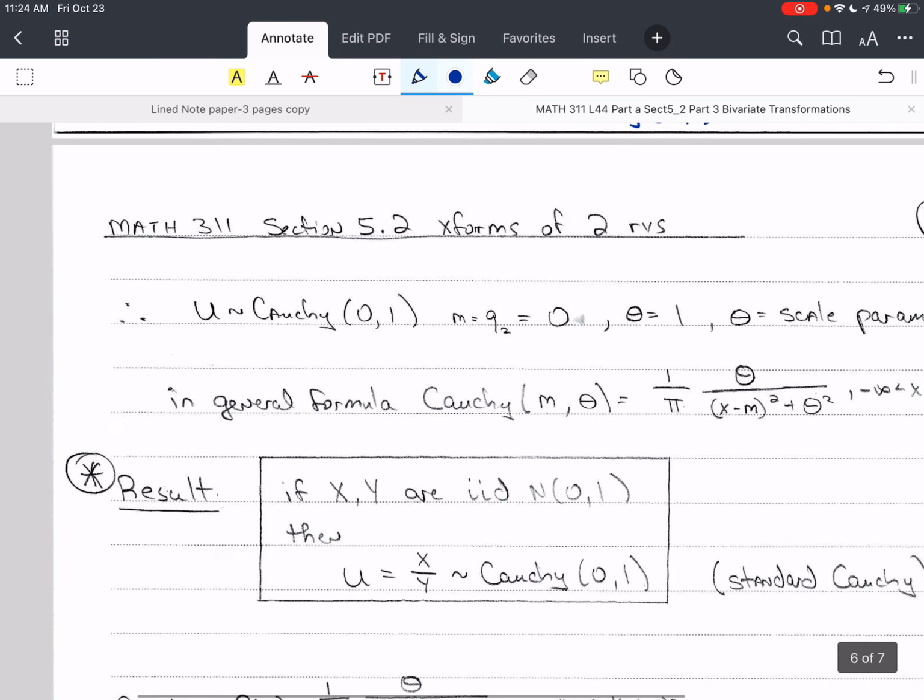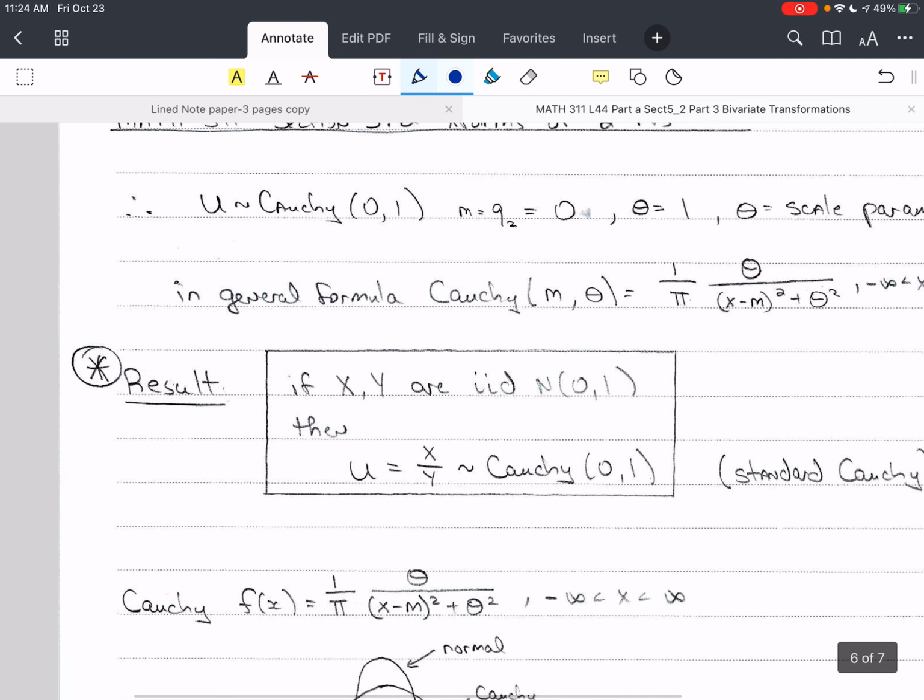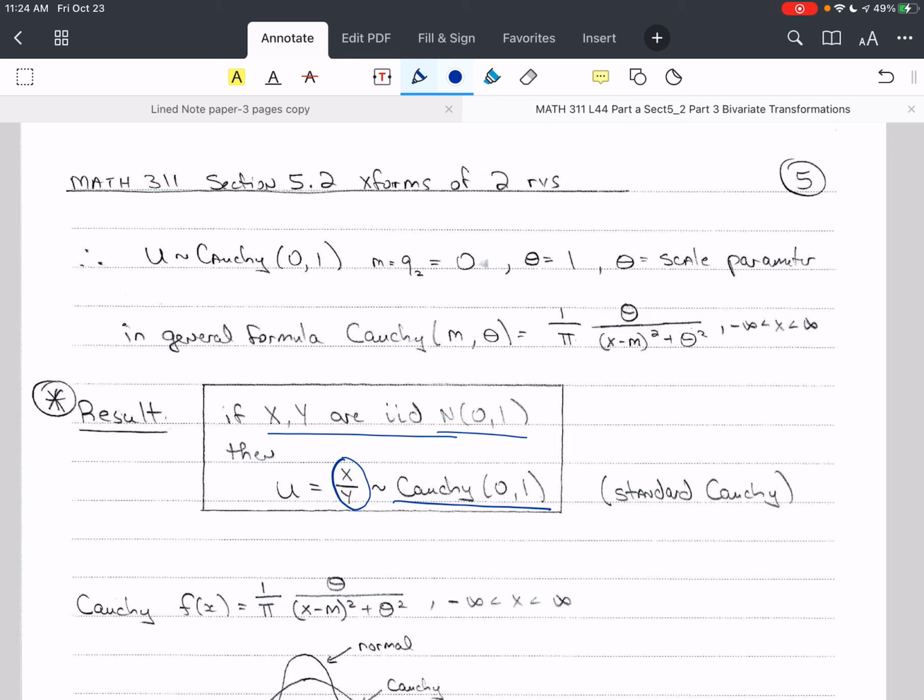So I'm going to skip down to our result. Our result is that if x and y are IID standard normal, then the ratio of x and y is a Cauchy 0, 1. That is how we are evaluating this. So it becomes a standard Cauchy, and I will go over the Cauchy distribution in the next video.